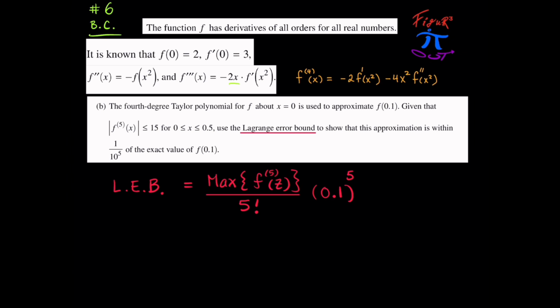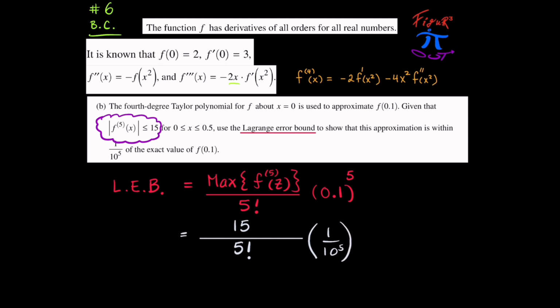Basically, this is the 5th order term in the expansion for the Taylor polynomial approximation. We're told that the absolute value is less than or equal to 15 for that 5th order term. So we can replace the max value of the 5th derivative with something that is less than or equal to 15. So we'll put 15 over 5 factorial, and then 1/10 as a fraction to the 5th power is 1 over 10 to the 5th.